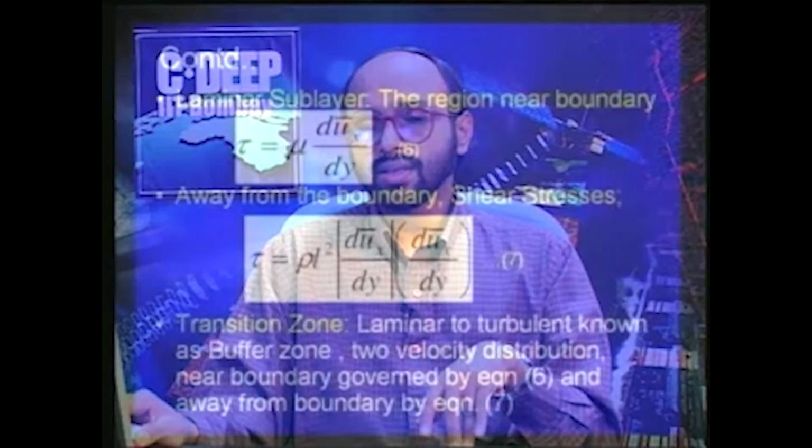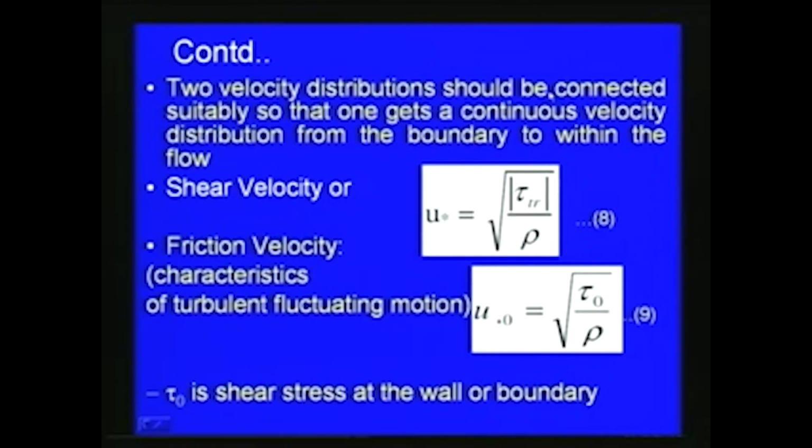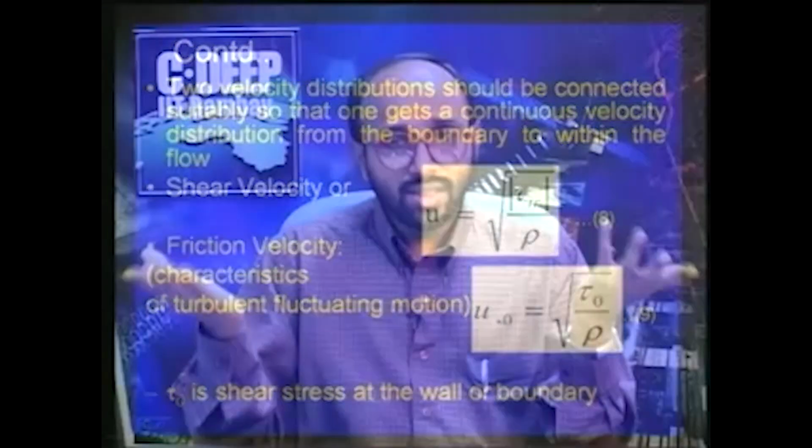So in the buffer zone, it is a combination of equation 6 and equation 7, since transition takes place from the laminar sublayer to the turbulent region. The two velocity distributions should be connected suitably, so that one gets a continuous velocity distribution from the boundary to within the flow. The problem is so complex that we cannot clearly identify how this transition is taking place.